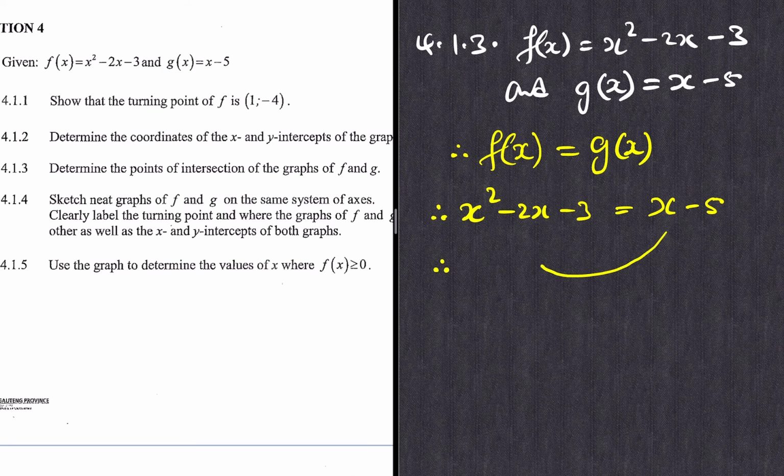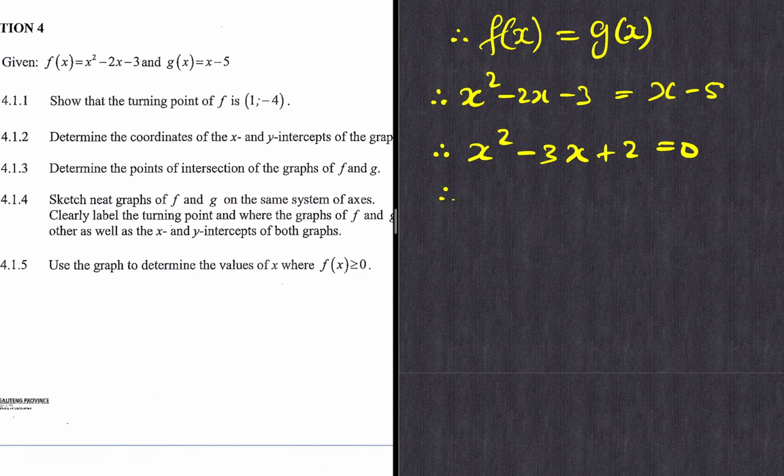You transpose x to this side. You have x squared minus 3x, and then if you say minus 3, you add 5, it's positive 2, is equal to 0. You need to factorize this. If you can't, that's when you use the quadratic formula. So you have x, 2, and 1. Look at this.